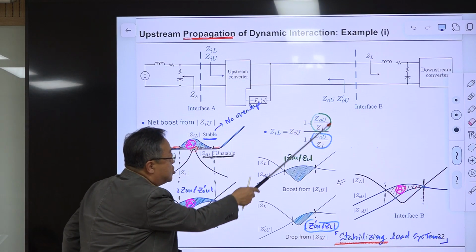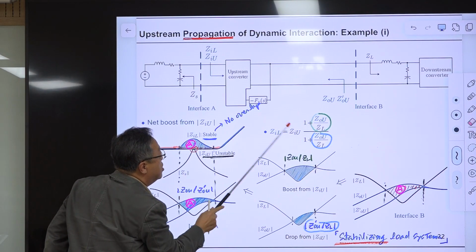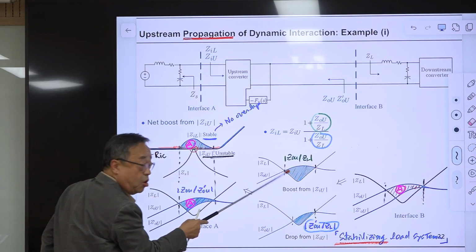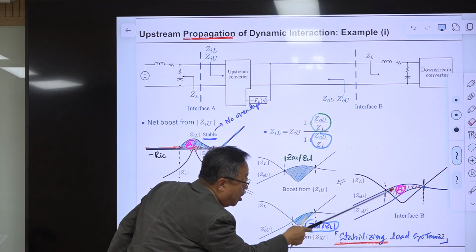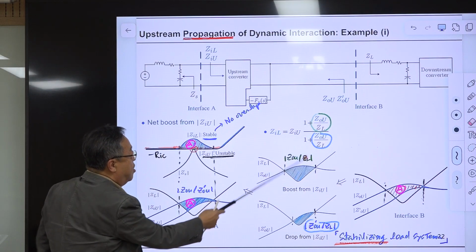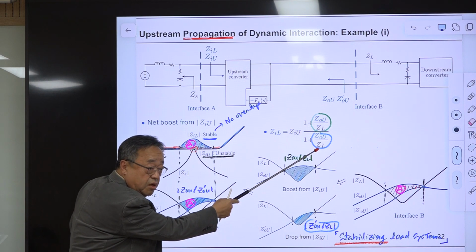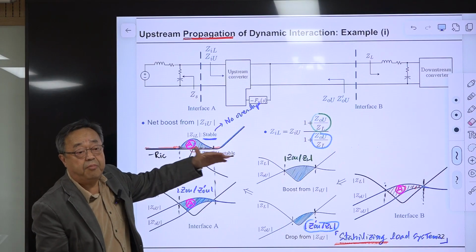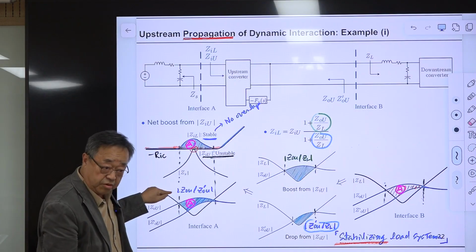From this equation and this overlap, we know there is a boost in GIL from GIU by this amount, which is this overlap, something similar to a triangular shape, and there is a drop from GIU this much. But this one is bigger than this, so there is a net increase in the magnitude of GIL from GIU. Understand this?